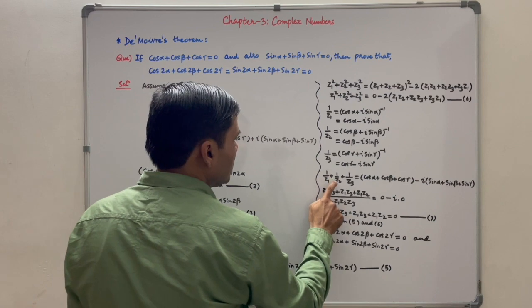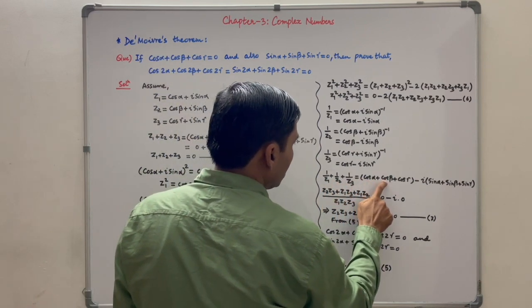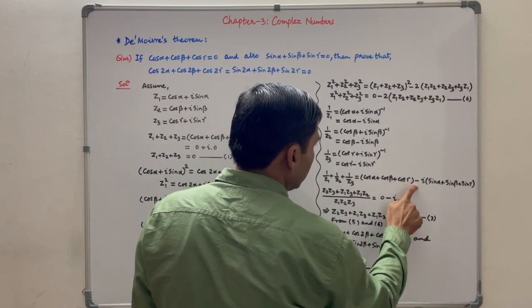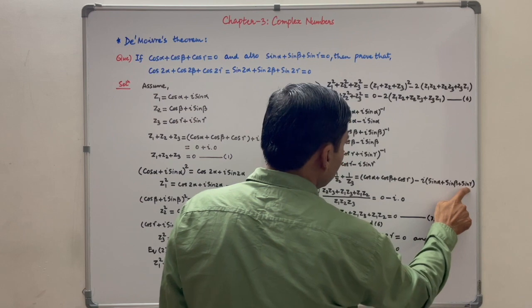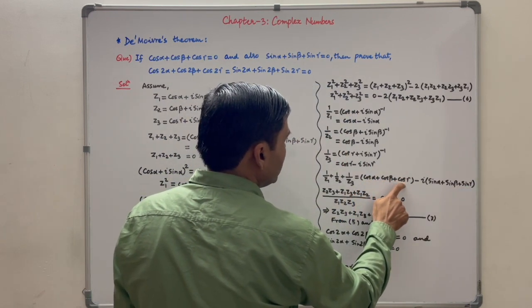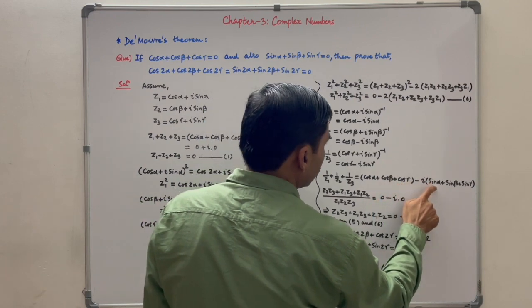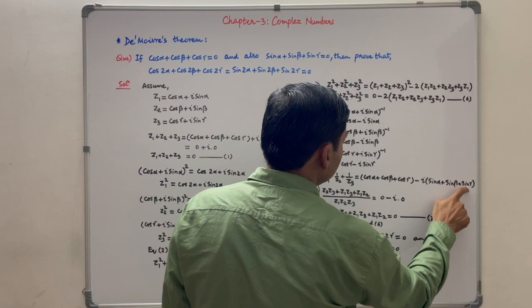1 by z1 plus 1 by z2 plus 1 by z3 is equal to cos alpha plus cos beta plus cos gamma minus i into sin alpha plus sin beta plus sin gamma. The value of cos alpha plus cos beta plus cos gamma is equal to 0 and sin alpha plus sin beta plus sin gamma is also equal to 0.